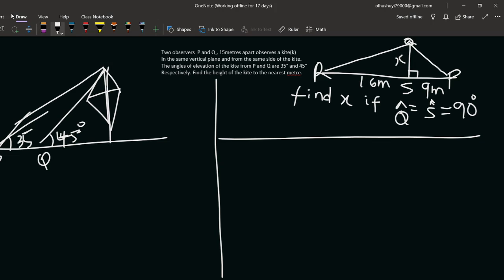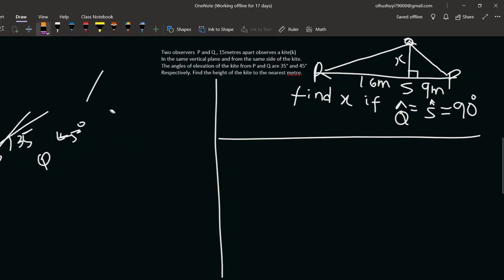This one forms a triangle. Let me have a proper drawing. This is just a sketch. Let me have something a bit better than what has been drawn. So that's an idea of how you will sketch it.